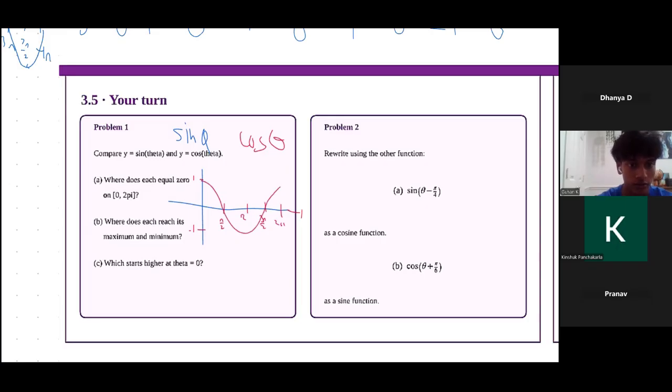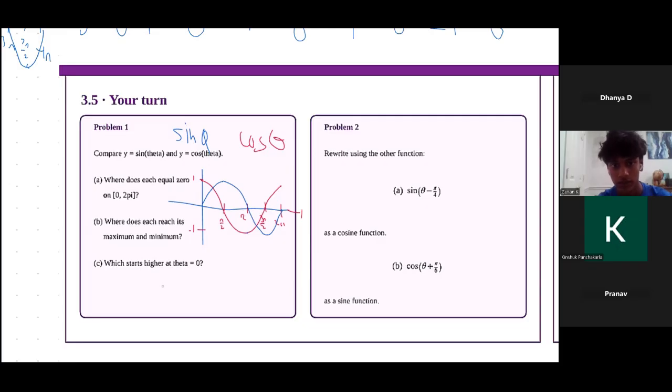And our sine graph will look like that. Now, where does each equal 0 is one question. And then where does each reach its minimum and maximum is another question. And which starts higher at theta equals 0.